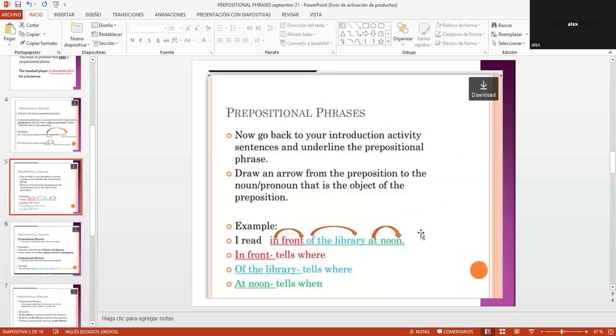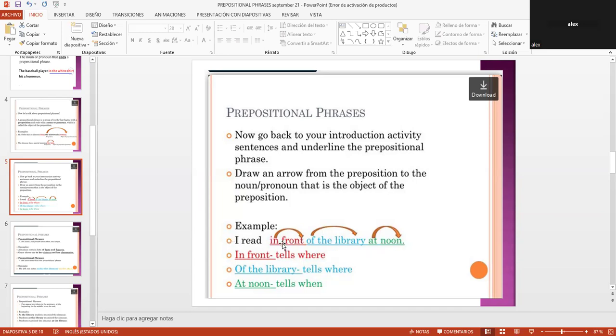Okay, one important thing about prepositional phrases is that you can have not only one, but two, and even three, like this one. Look: I read in front of the library at noon. So in this case you have three prepositional phrases in only one sentence.